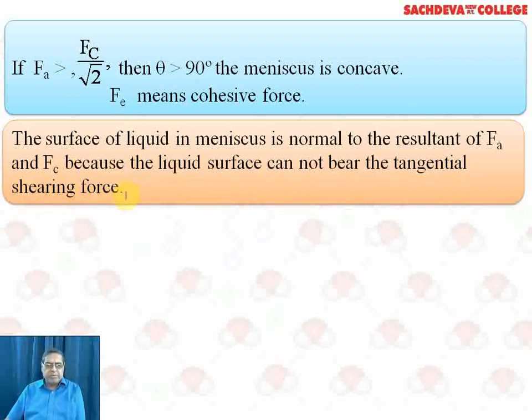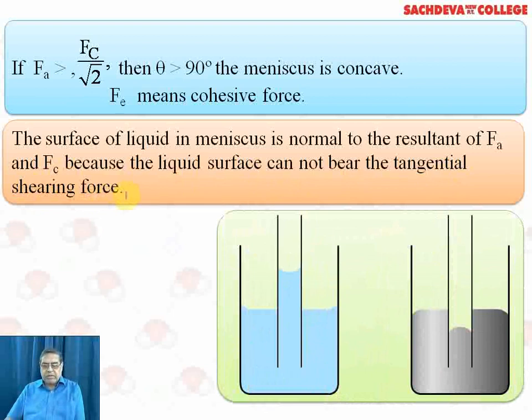It is momentary basically. Now in the figure again, we have taken a container, where it is blue it is water, and on the right side, the black or gray portion is for mercury. If the capillaries have the same diameter, the rise of water is more as compared to mercury, and the meniscus in water will be concave, whereas the meniscus in case of mercury will be convex.